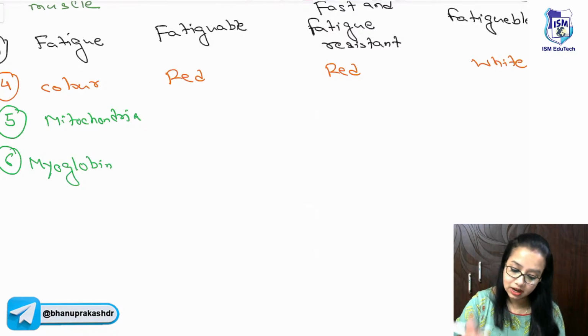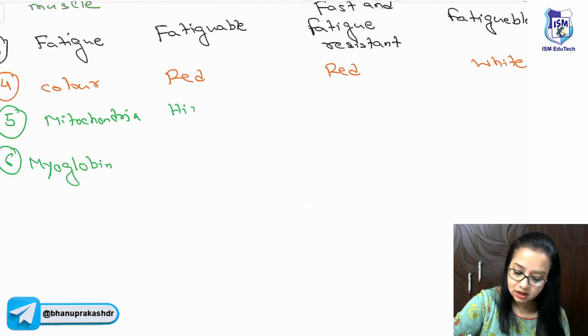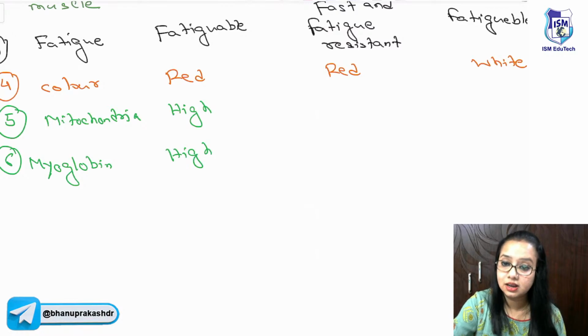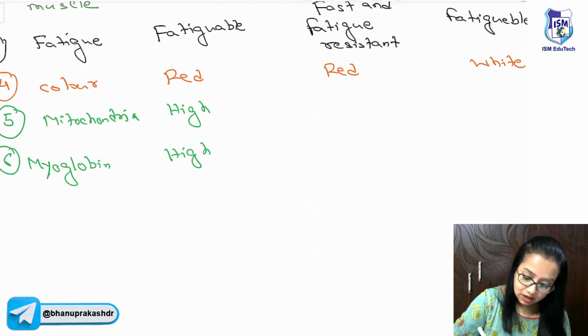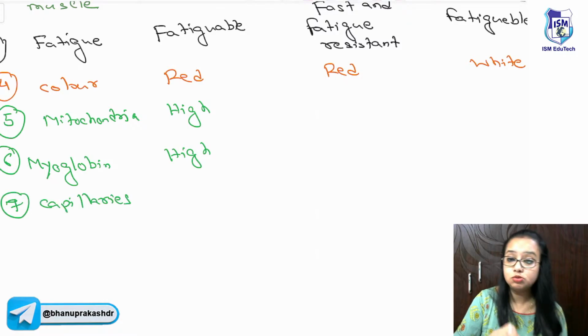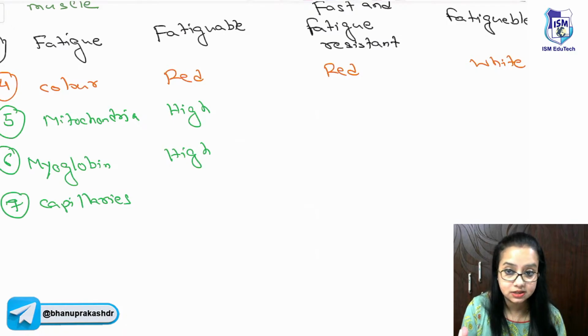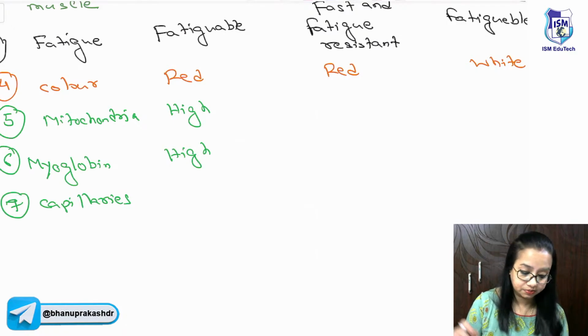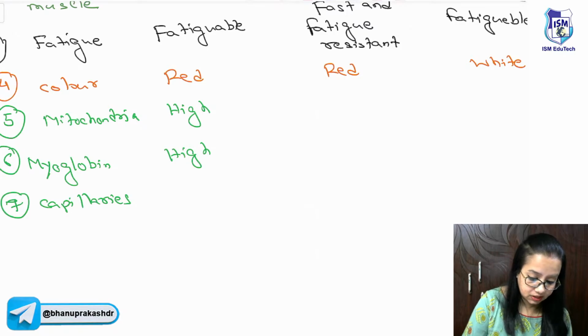Mitochondria and myoglobin are high in these red color muscle fibers. And also the capillaries, which give the pinkish, reddish tinge.